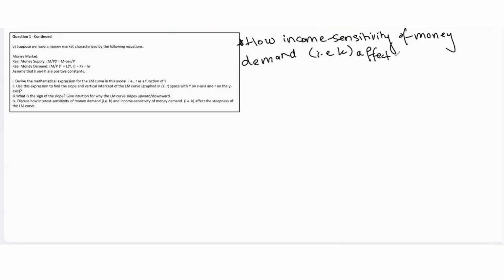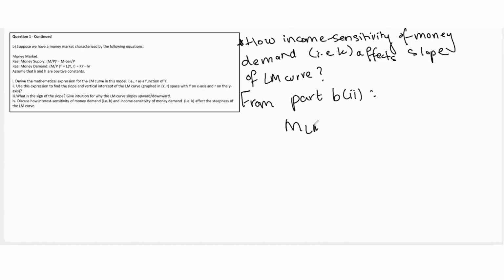We want to see how that affects the slope of the LM curve. Now, from part 2, where we found the slope, we know the slope of the LM curve is k by h.